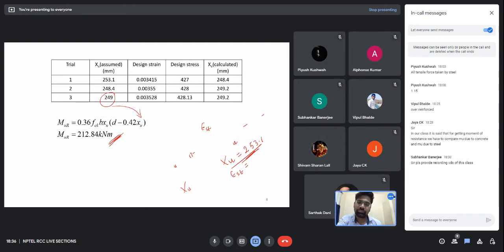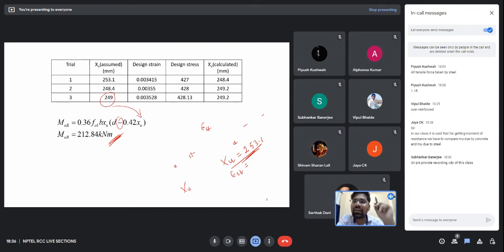No, it's not like that. See, let me explain. You cannot notice this minus sign. We are subtracting it from D. So the greater the value of XU, the less will be the bracket term, and so the less will be our moment of resistance.